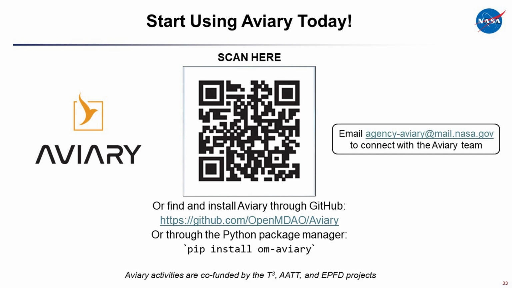That could be a future development effort, but right now, out of the box, Aviary only supports subsonic transports. But of course, if you have tools that can do the discipline analysis, you can wrap it, put it into Aviary, and all of a sudden Aviary is now capable of modeling that kind of aircraft.